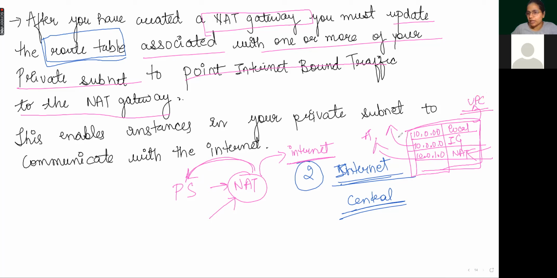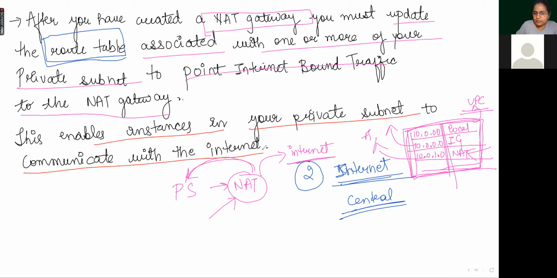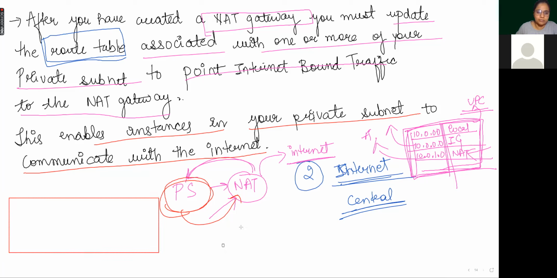So in this way, they will check the routing table again and again when they create any network. This enables instances in your private subnet to communicate with the internet. This line is clear. As soon as we connect a private subnet with the internet, right? So this is our private subnet.